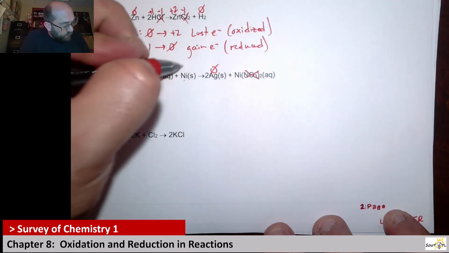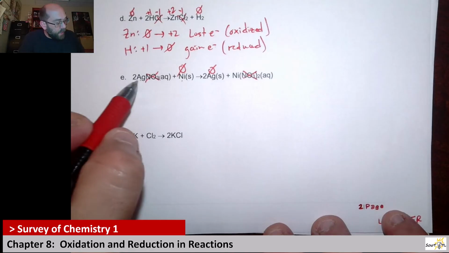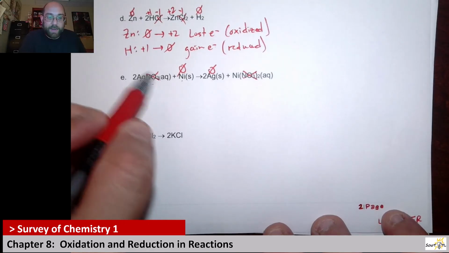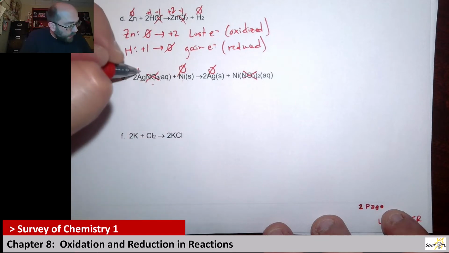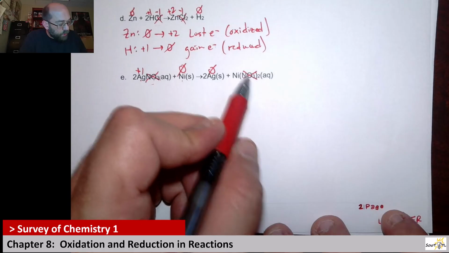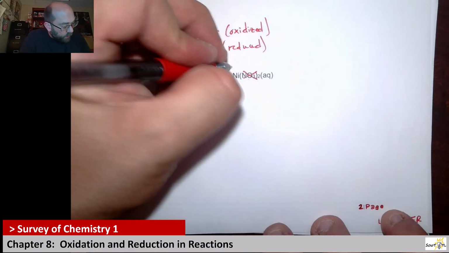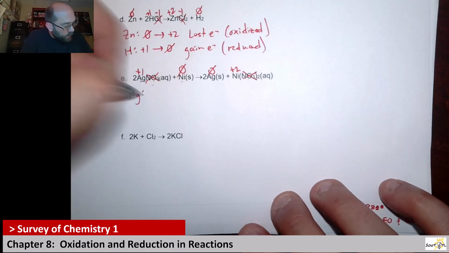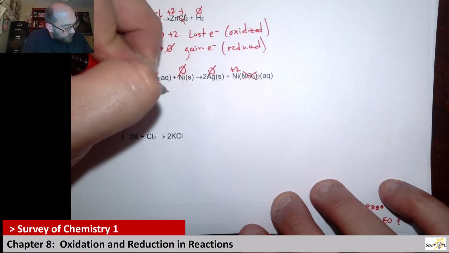Elemental form for nickel solid here is 0. So here, silver is a part of the ionic compound, silver nitrate. Nitrate has a -1 charge overall, so silver had to have a +1. Same thing here. Nitrate has a -1 charge overall, and there's 2 of them, so here nickel had to have a +2.